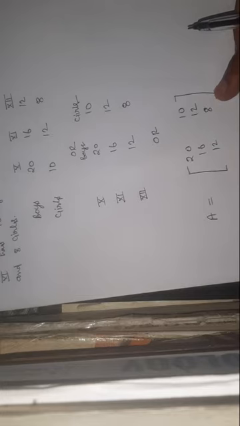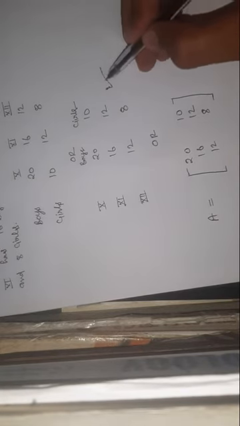Or we can simply write a matrix which has 20, 10, 16, 12, 12, 8. We know that the first column represents the number of boys and the second column represents the number of girls, according to this arrangement. Now A is the matrix.